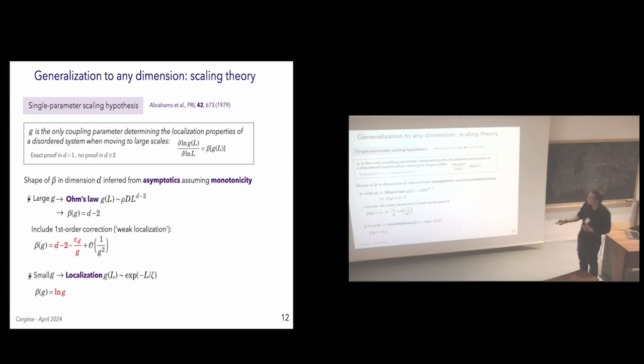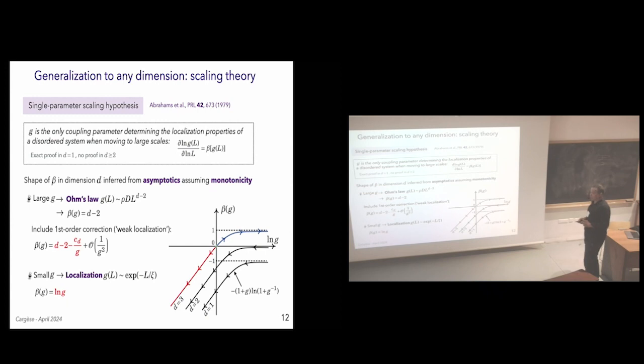It's also possible to refine this d minus 2 with the leading order corrections in 1 over G, which are called the weak localization corrections. And conversely, at small g, by the Thouless criterion, if g is smaller than 1, I should have localization, so the conductance should decay exponentially, and therefore beta should be proportional to log g, taking this derivative.